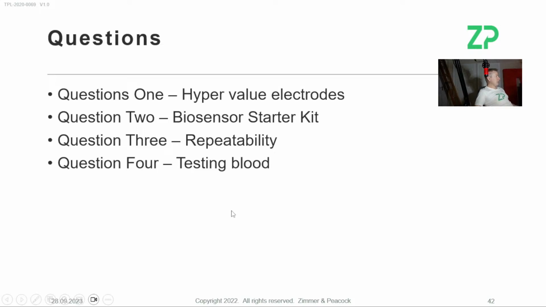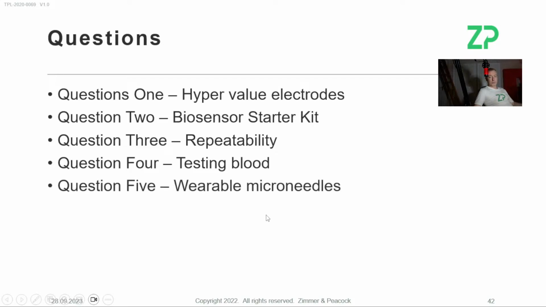Testing blood: ZP does a lot of contract development with companies where we are testing blood, urine, sweat, tear film, a lot of things. Saliva is a good one as well. But please don't go alone with this. If you're using ZP technologies, don't go alone using them to make decisions in humans. I don't want to say it's dangerous, but I cannot condone it.